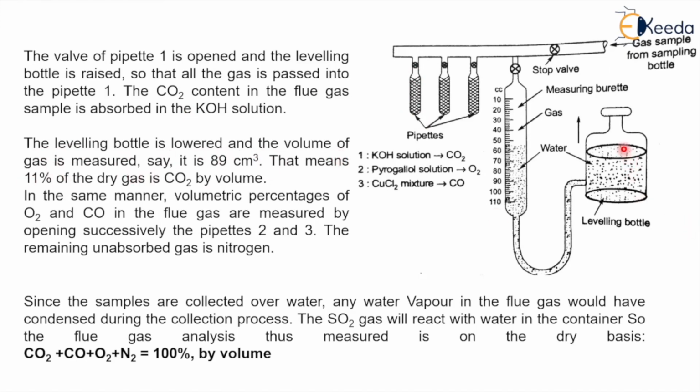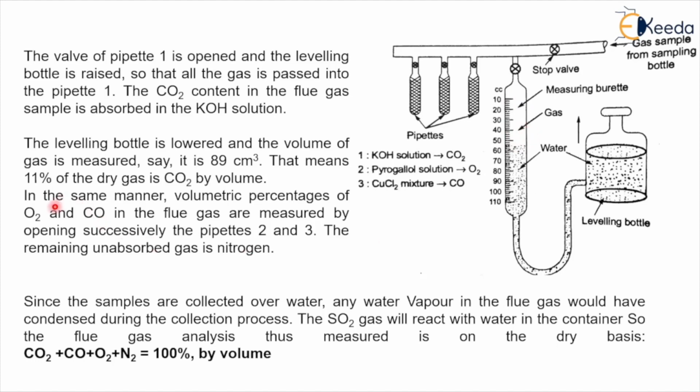Suppose the remaining gas is 89 cm³. That means 11% of the dry gas is CO2 by volume. 11% of CO2 is absorbed here and only 89 cm³ of gas is present.